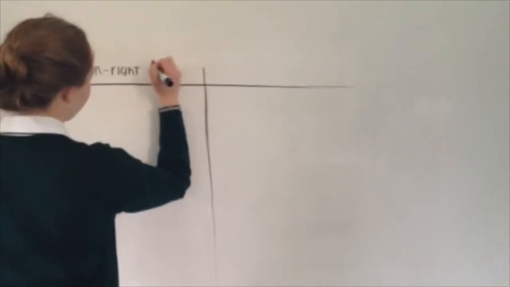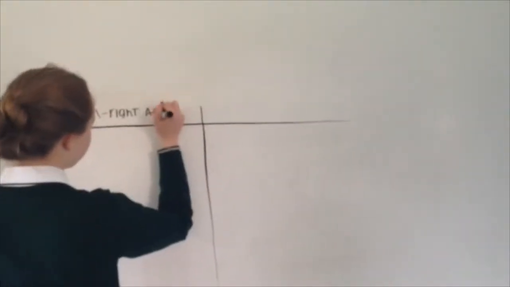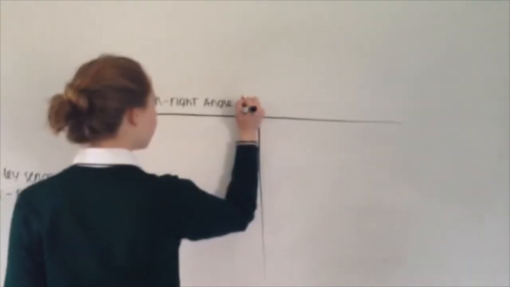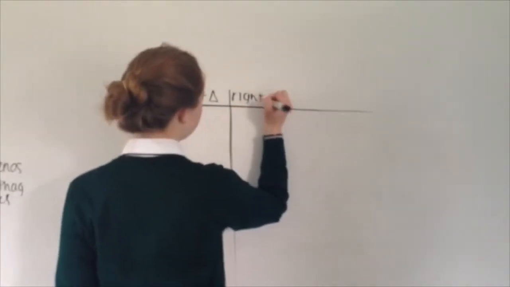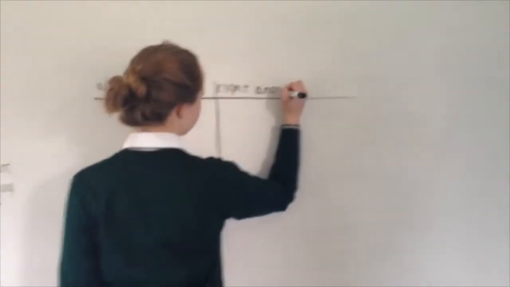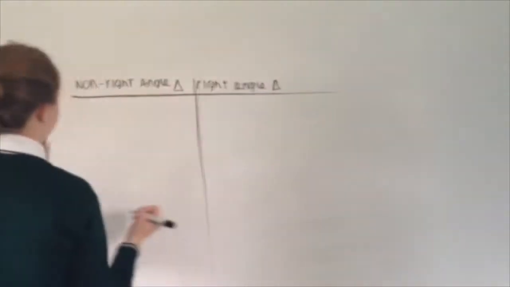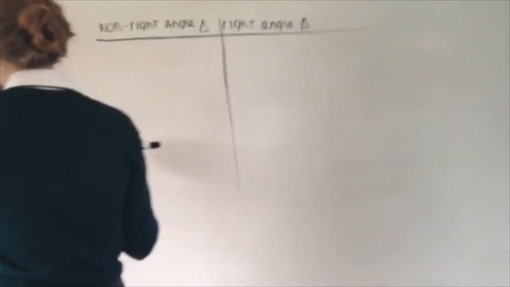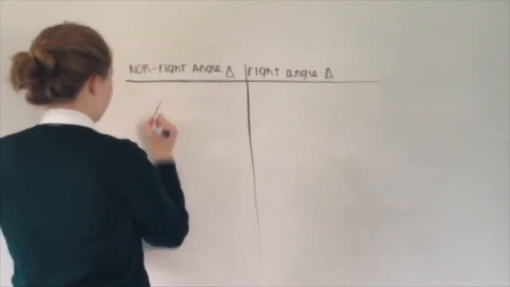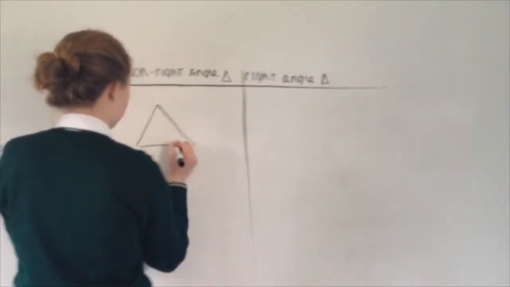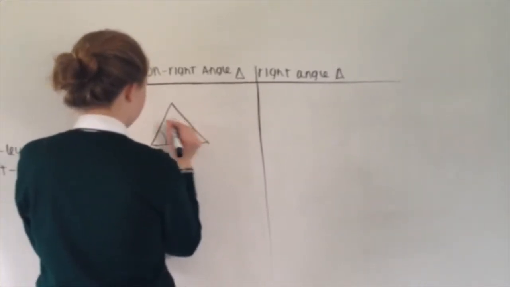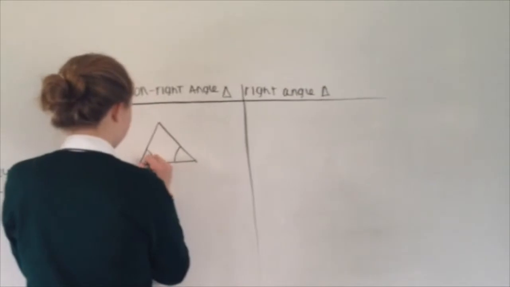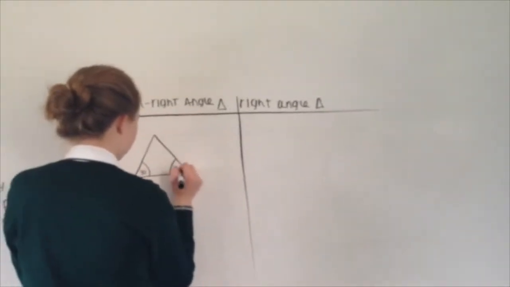Now we're going to work on some examples. First, we're going to work an example for the non-right angle triangle. So, if you have a triangle with no right angles, and let's suppose the angles are one of 40 and the other one of 30, and you're trying to find out one of the sides.